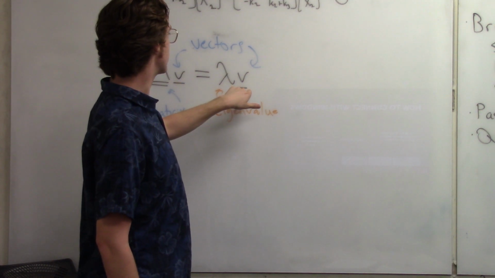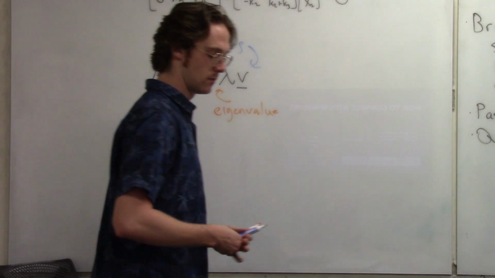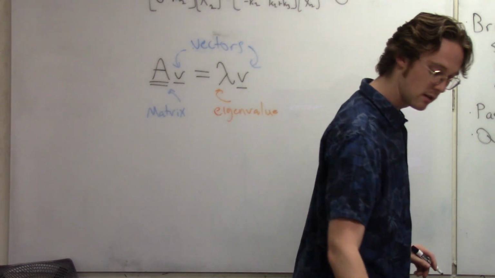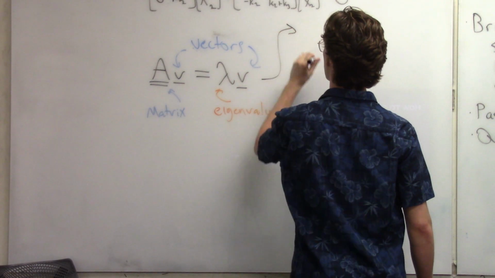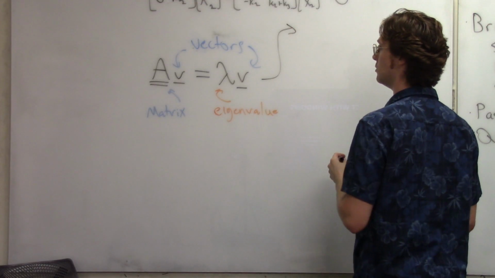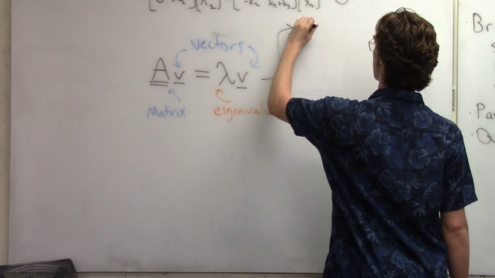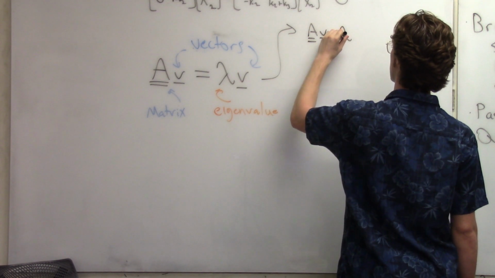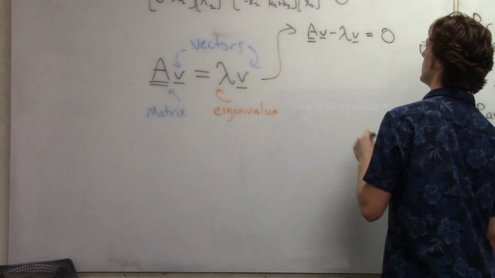One basis vector and one matrix. I'm going to take this equation right here, and I'm going to move it over to this side, to where I have A V minus lambda V equals 0.